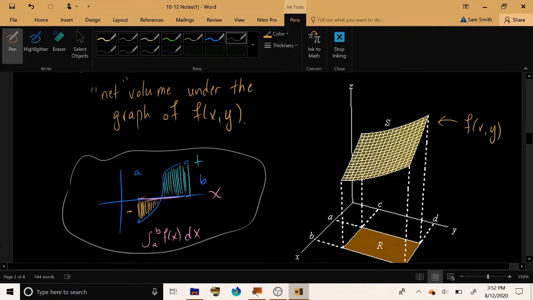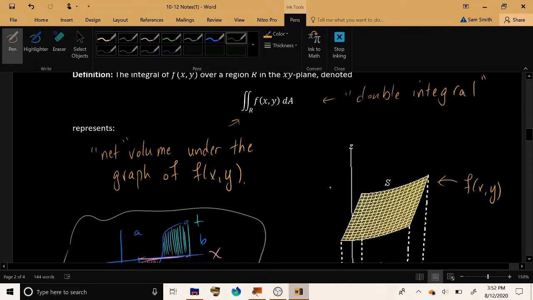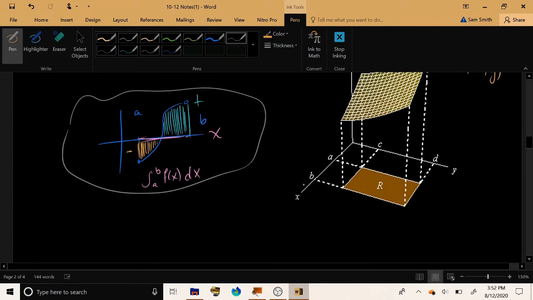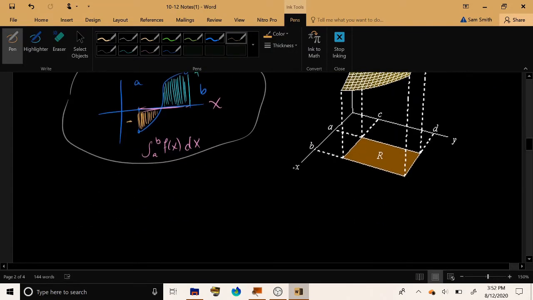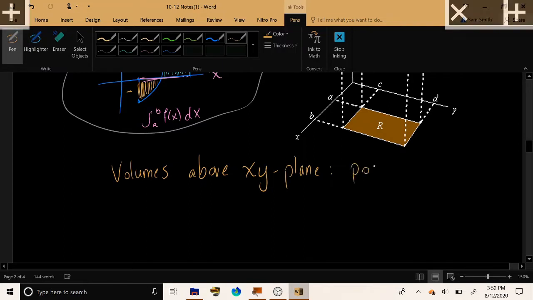The single integral gave you the net area under the graph of a single variable function, whereas the double integral gives you the net volume under the graph of a two variable function. Regions above the xy plane are counted as positive, whereas regions below the xy plane are counted as negative. Volumes above the xy plane are counted as positive.